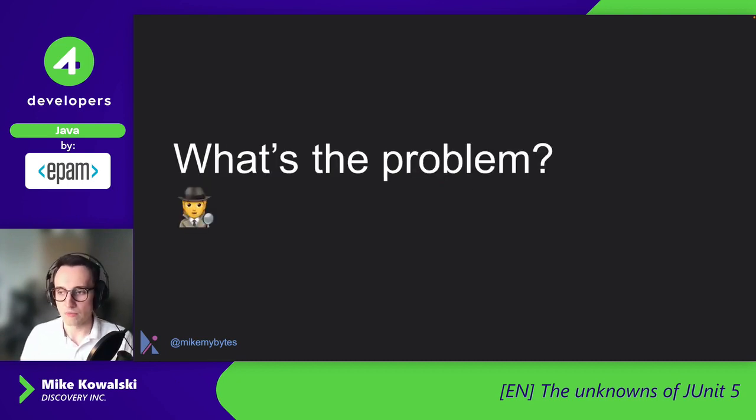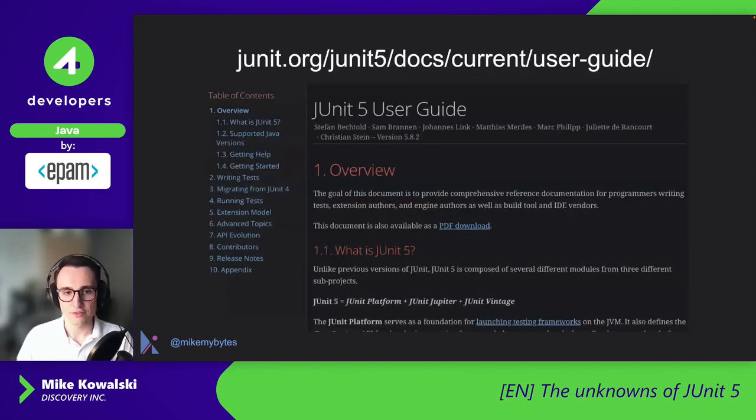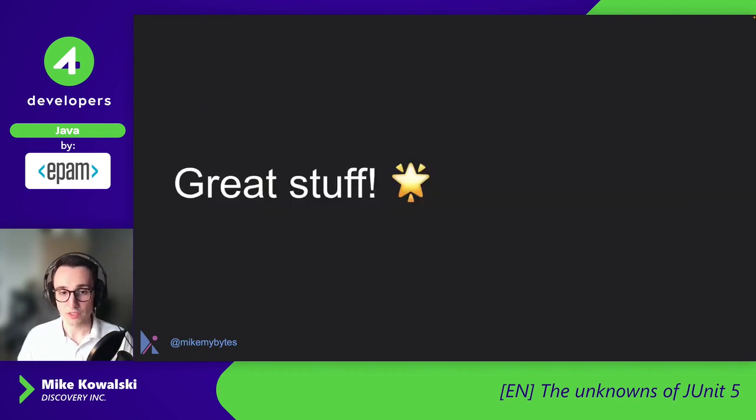So what's the problem? What's the reason that we have those unknown parts? Is there something wrong with the project documentation? Well, in order to answer that, I've gone through the whole JUnit 5 user guide. And you know what? You should do it too. It's awesome. It's really great stuff. It's full of very pragmatic and practical examples of the things that you could use to improve your testing almost immediately.